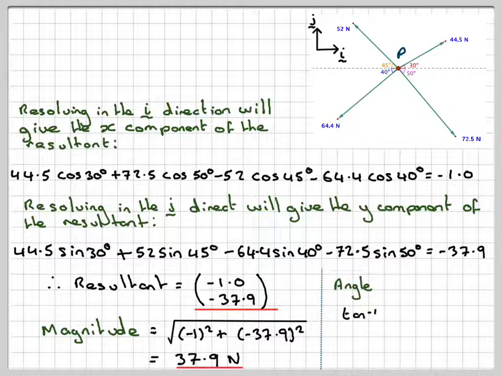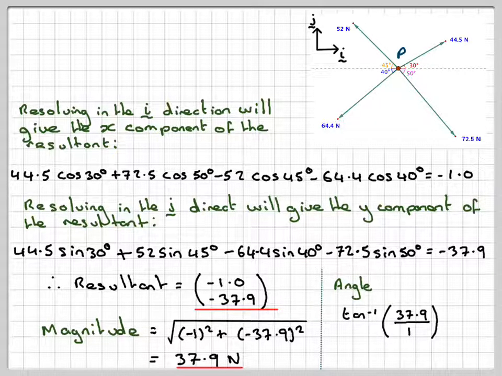Now to find the angle, well, this vector minus 1 and minus 37.9 is going to be over here. Okay, so if we think of the quadrants, first, second, third, fourth, this is going to be in the third quadrant where tangent is positive.